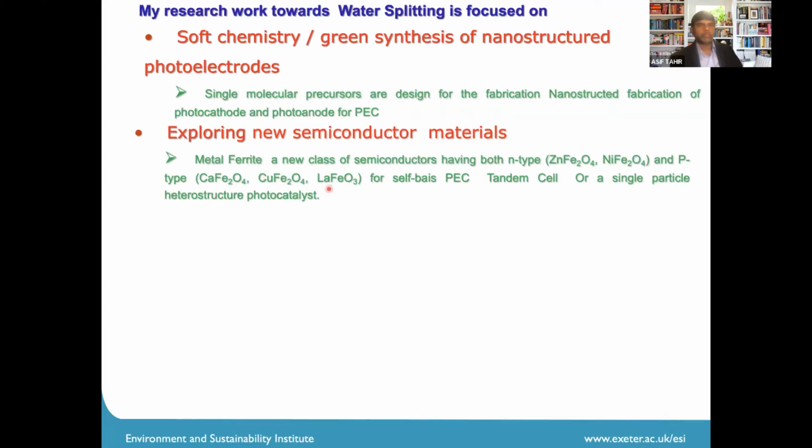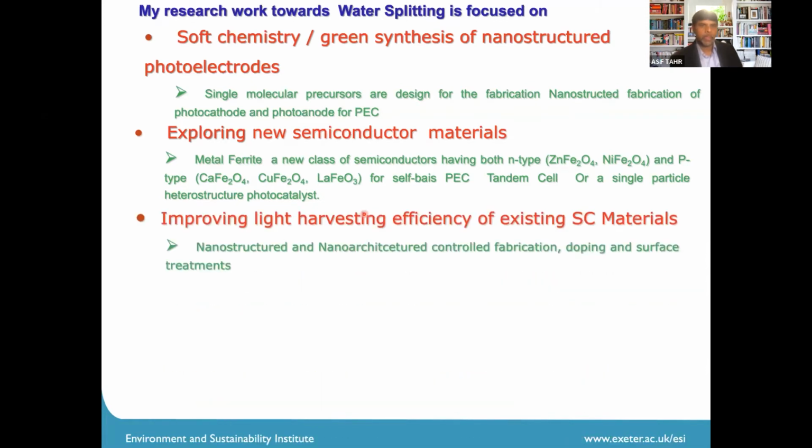Due to the AB2O4 or ABO3 formula, these materials are much easier to dope and change their electronic properties or band gap and band edge position. So our current focus is discovering the metal ferrites as suitable materials for photoelectrochemical water splitting.